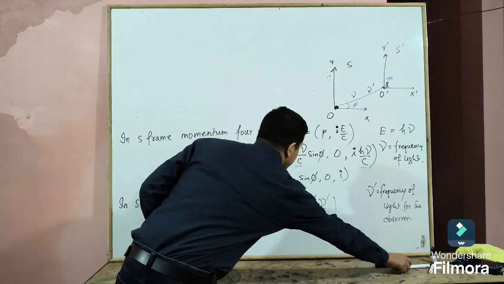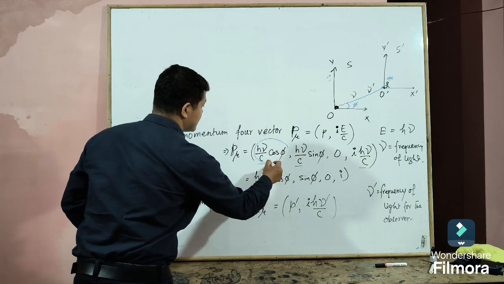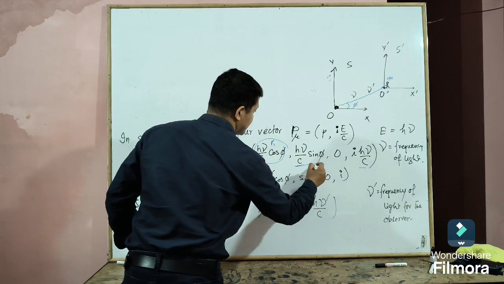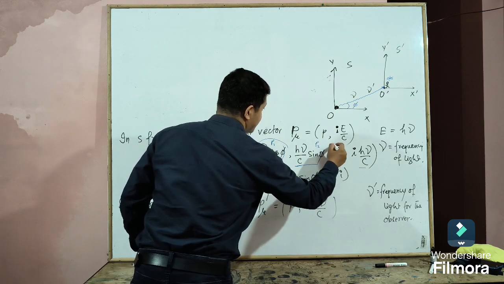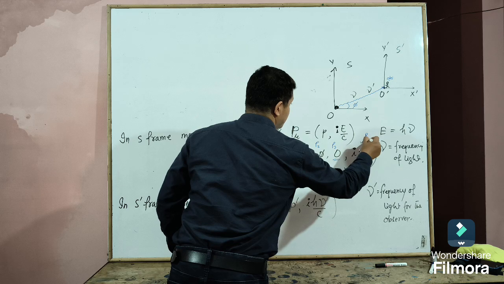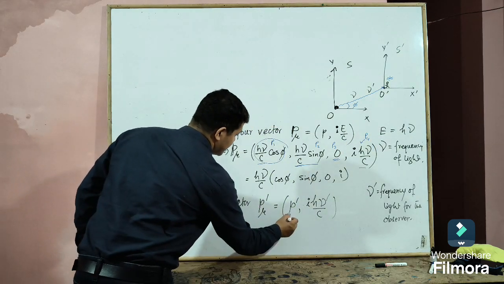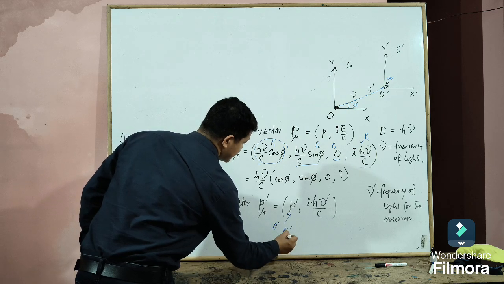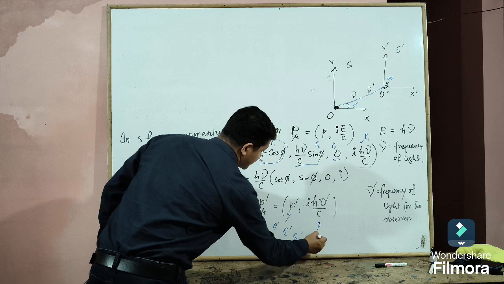So here you see this is nothing but p1. You can take it as p1, and this is nothing but p2, right? And this 0 is p3, and this is taken as p4, right? And similarly here this will have p1 dash, p2 dash, p3 dash, and this one is p4 dash.